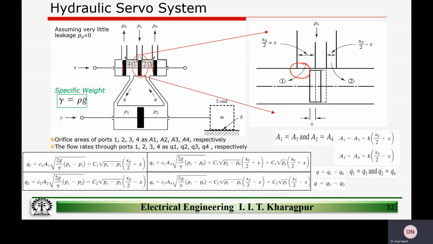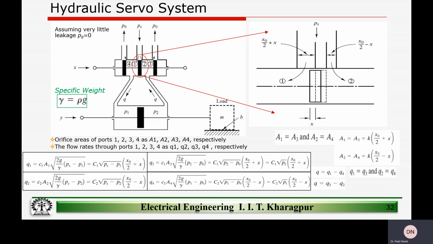By the same token, the amount of fluid entering through port 2 equals the amount of fluid leaving through port 4. This brings us to the equality that the flow rate through port 1 is equal to the flow rate through port 3, and the flow rate through port 2 is equal to the flow rate through port 4.